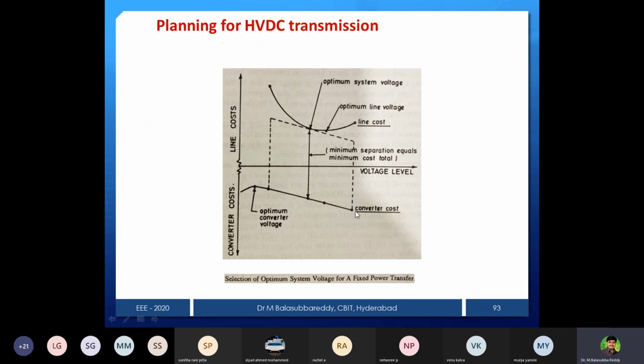And for the converter cost, we can decide this is the point, and this is the optimal line voltage, and this one is the optimal converter voltage and operating system voltage. So all these parameters show what voltage level we need to operate at to get the minimum cost.